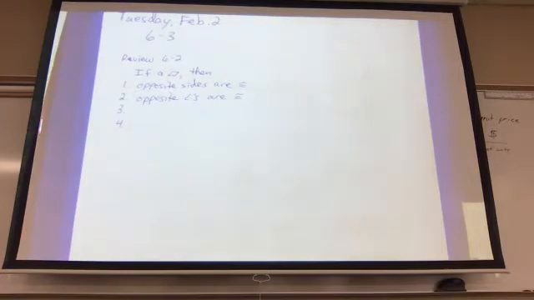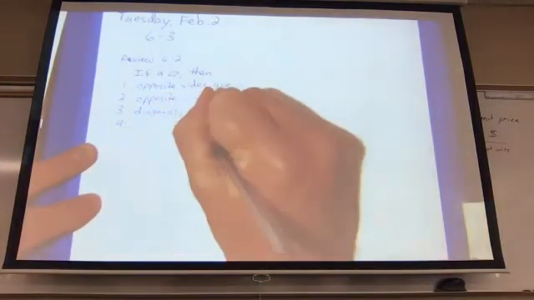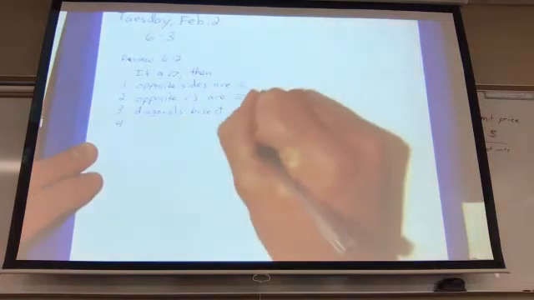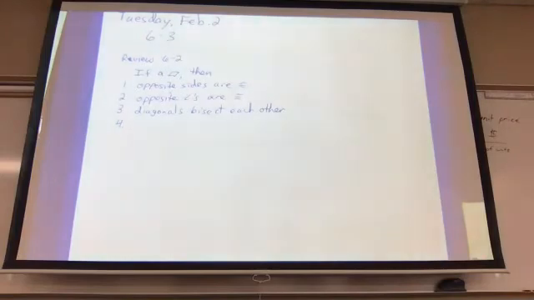Diagonals bisect each other. There we go. Diagonals bisect each other. That's usually the hardest one to remember. And then we got one other. We didn't come up with this one last week.